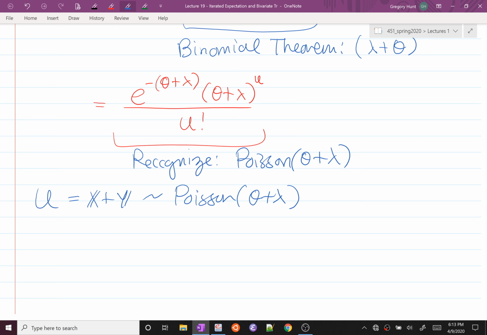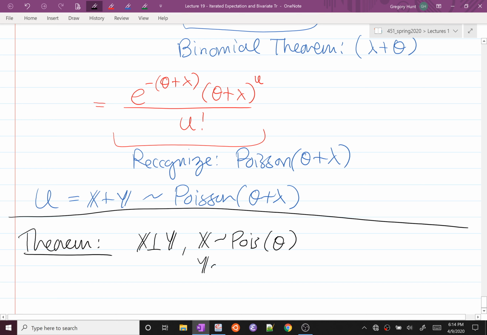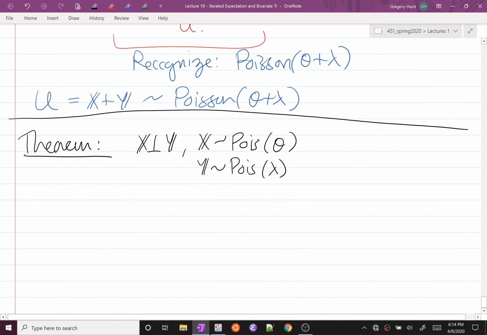So this motivates a theorem. What's the theorem? Theorem, what we just proved, and it's a nice example of our first bivariate transformation, is that if x is independent of y, x is marginally Poisson with theta, y marginally Poisson with lambda, then x plus y marginally is a Poisson also, but I just add the parameters.